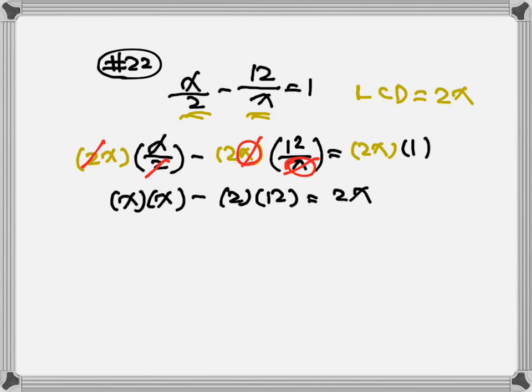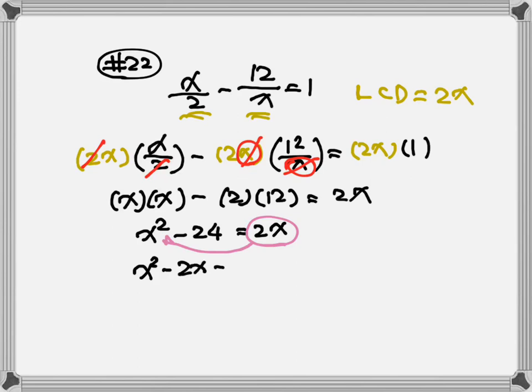Now let's multiply everything together. So it'll be x squared minus 24 is equal to 22x. Let's move the 22x to the left-hand side. Again, every time you move a number, you must switch the sign. So here becomes x squared minus 22x minus 24 is equal to 0.